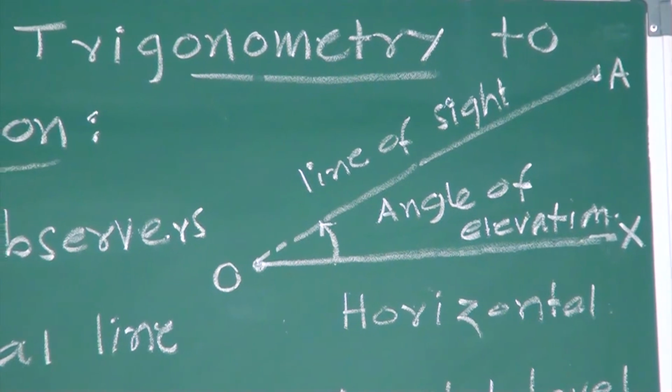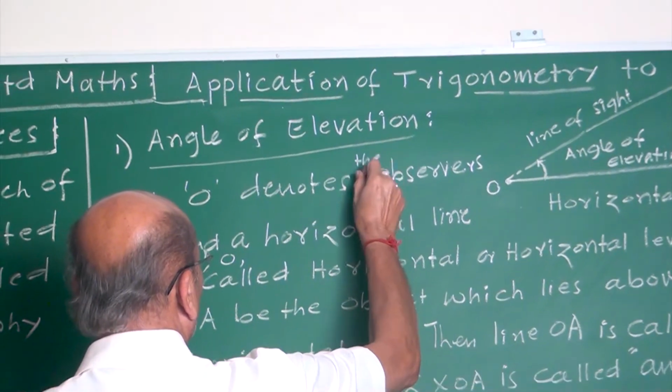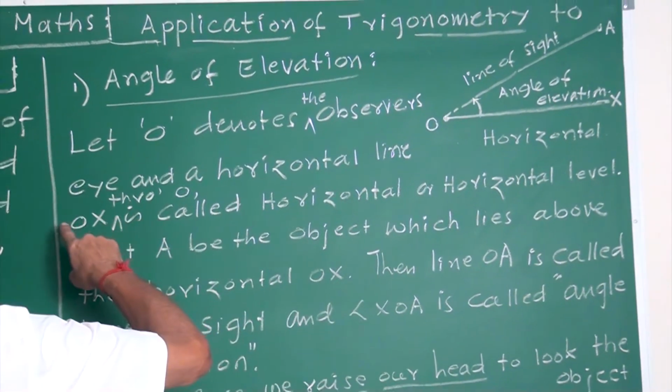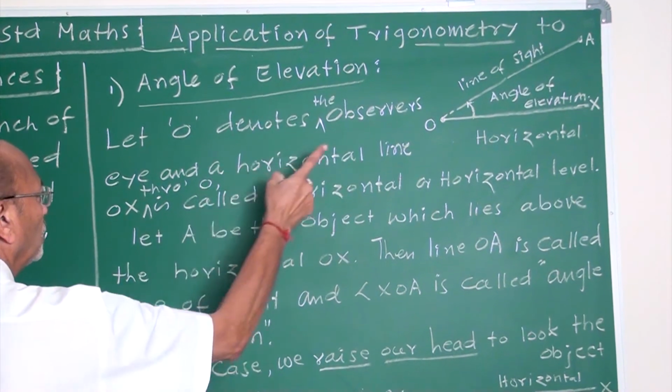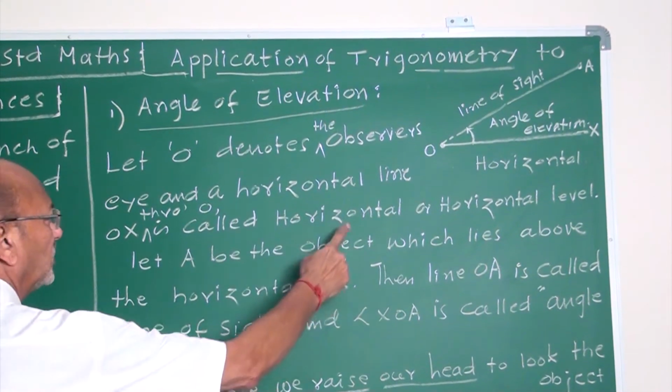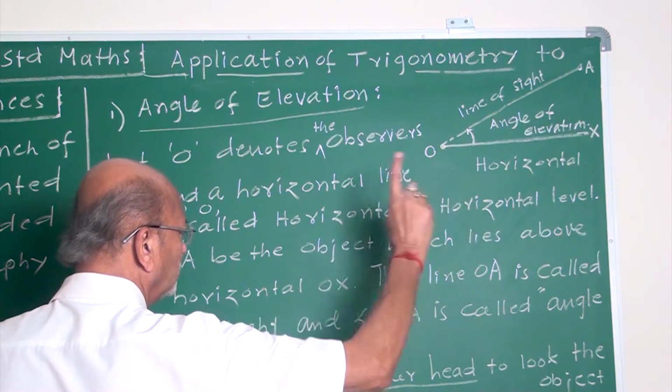The same thing is written here. Let O denote the observer's eye, and a horizontal line OX through O is called the horizontal level or horizontal line.